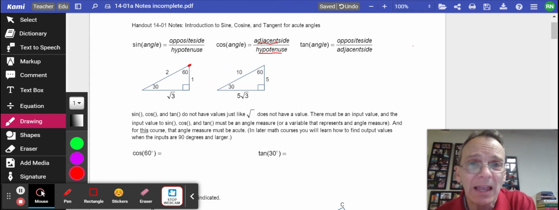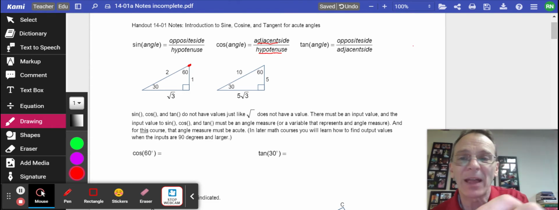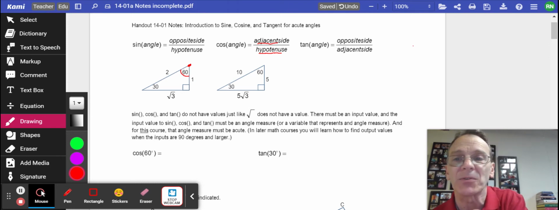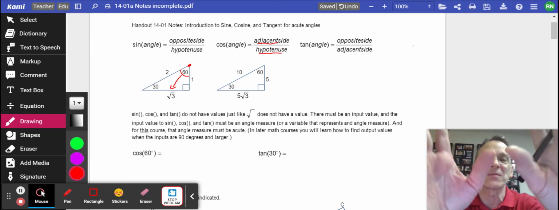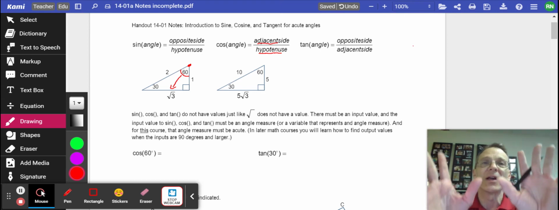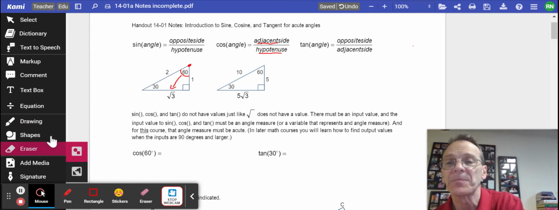The one side which is opposite from that 60-degree angle, or across from that 60-degree angle, is this side over there. You would sort of run through the middle of the triangle, through the open space of the triangle, until you got to the opposite side. That square root of 3 would be the side length which is opposite from the 60 degrees.